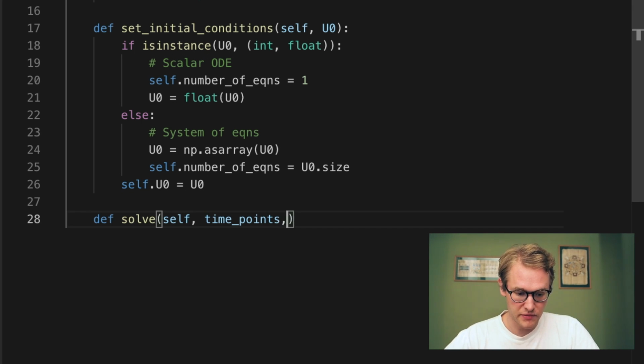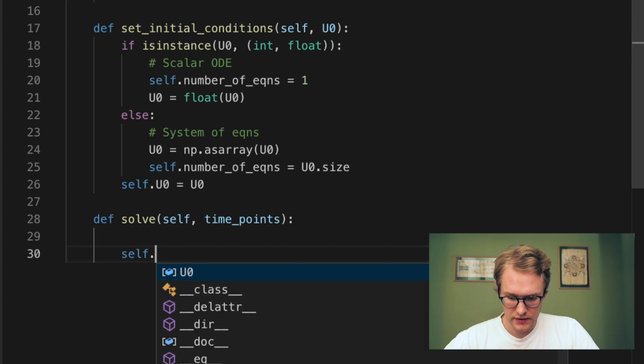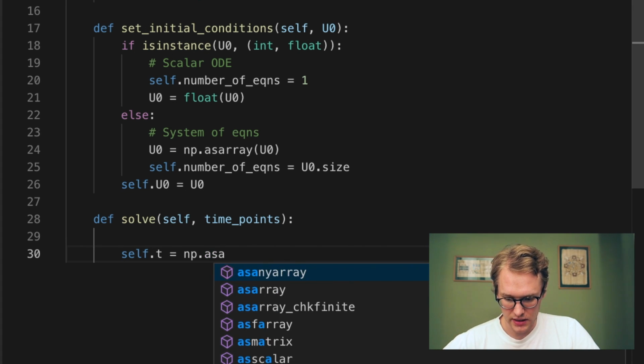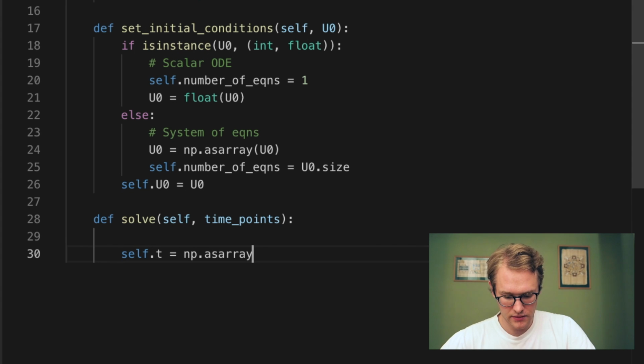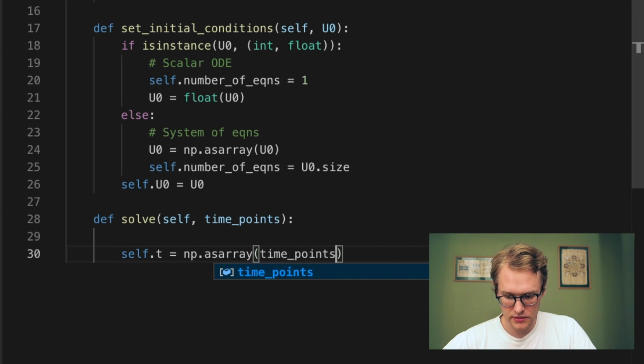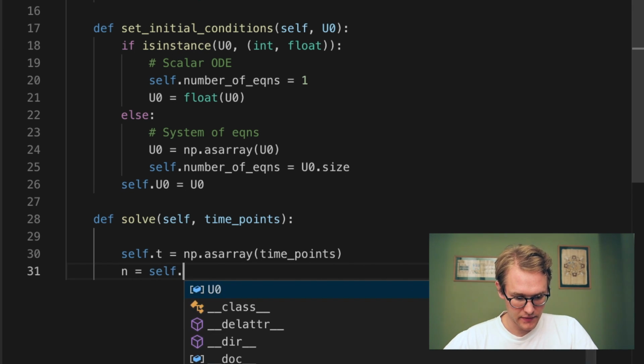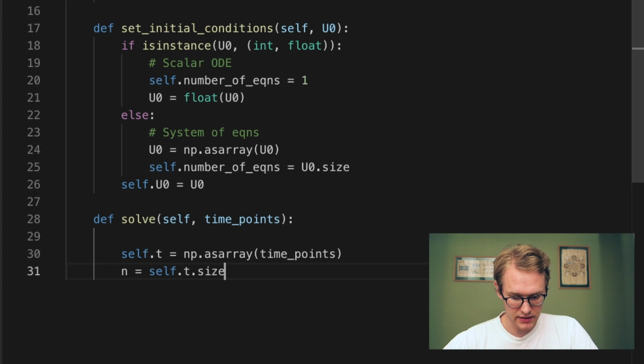So time points is one of the arguments, and these time points we'll just call t, and they should be an array of time points, like so. And the number of time points is n. It'll be the size of this thing.